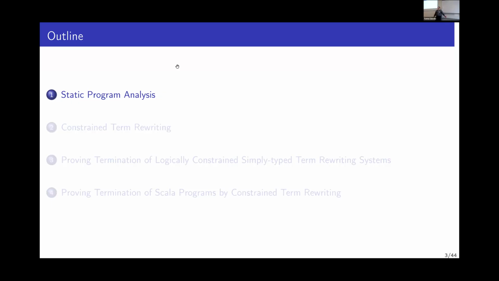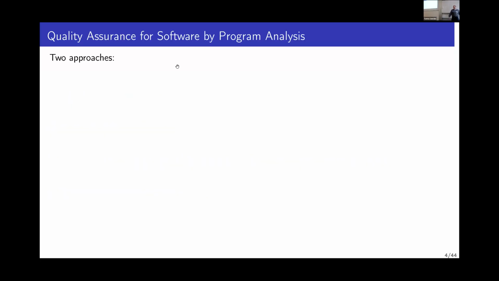So first things first, what is static program analysis? Well, with software, we have an ongoing problem already over many decades. It's actually not all that easy to get it to do exactly what it should be doing. And for quality assurance, there are two main approaches, I would say.